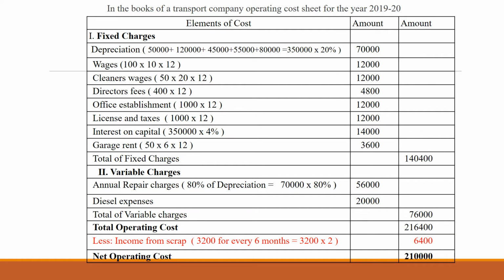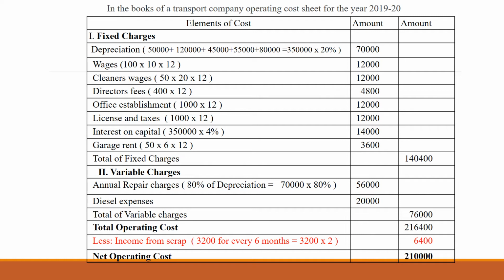Depreciation we have to calculate. In the previous problem, we took depreciation as a variable expense, variable charges. Now we are treating it as fixed charges. Why is it so? Because here they have given a fixed rate of depreciation.